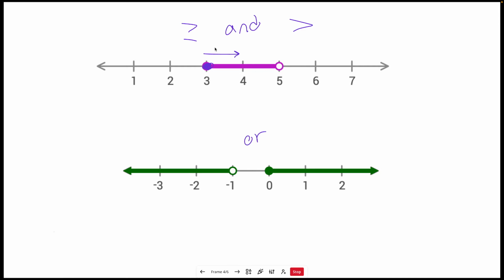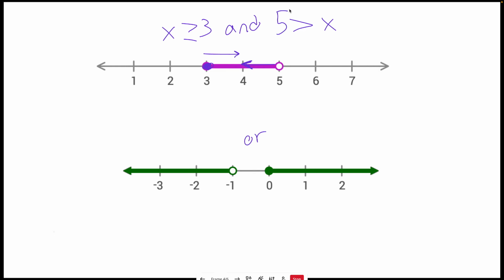So x has to be greater than or equal to 3. And on the right, x has to be smaller, going to the left, numbers smaller than 5, so smaller than 5.